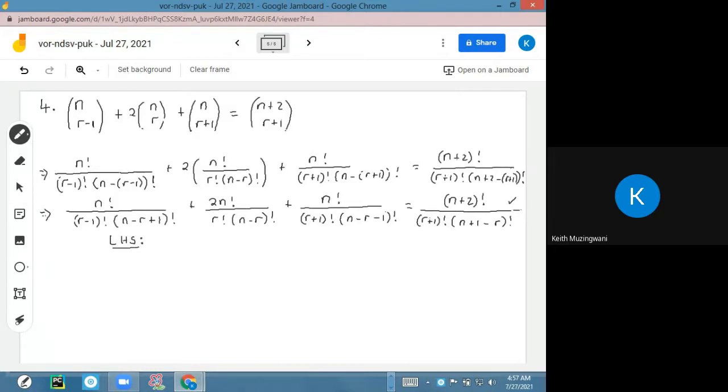Now look at our left hand side. It needs a common denominator. So let's see the common denominator that is coming out here.